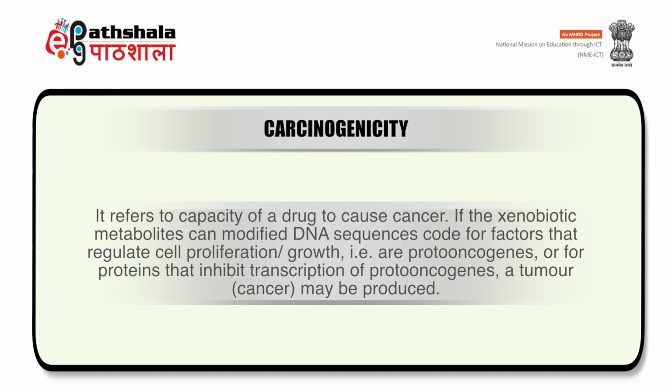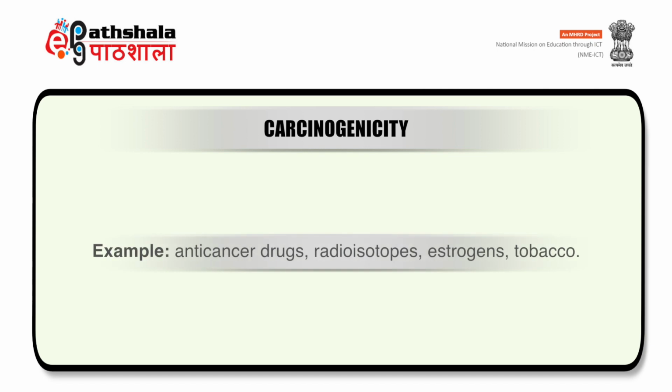If the xenobiotic metabolite can modify the DNA sequence that codes for factors that regulate cell proliferation and growth, that is proto-oncogenes, or for proteins that inhibit transcription of proto-oncogenes, a tumor may be produced. The examples of carcinogenic drugs are anti-cancer drugs, radioisotopes, estrogen, tobacco, etc.